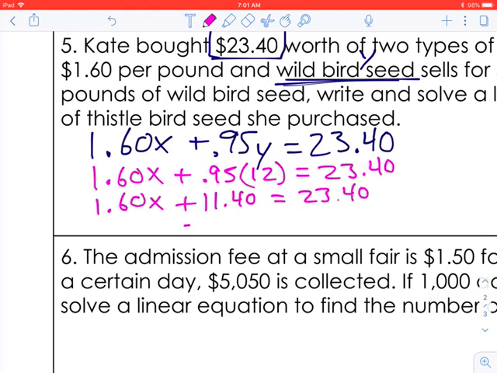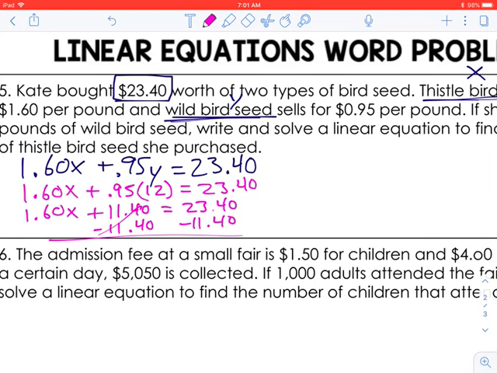And so I'm going to go ahead and get the x by itself by subtracting away that 11.40, and I end up with 1.60x equals 23.40 minus 11.40, and we get 12.